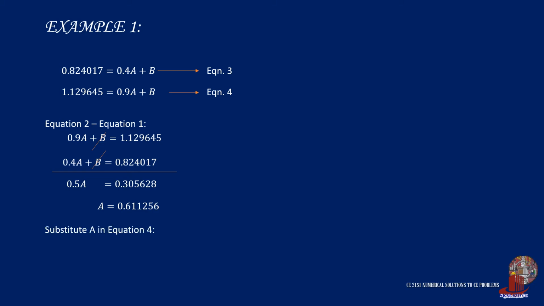Replace a with the value in equation 4, giving the formula 0.9 times 0.611256, plus b is equal to 1.129645. And the value of b is taken as 0.5795146.